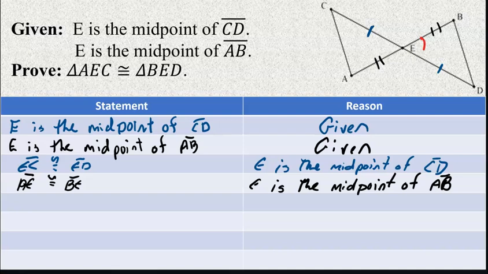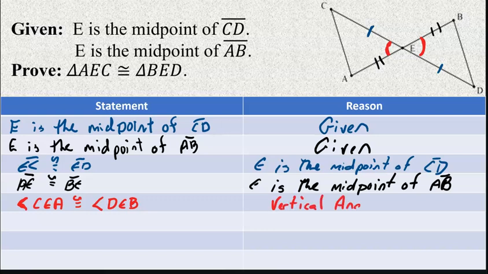The vertical angles in the center here are completing my proof. So I have angle CEA is congruent to angle DEB. I actually had to look to see how the triangle was listed to make sure I maintain that order. And those are vertical angles.